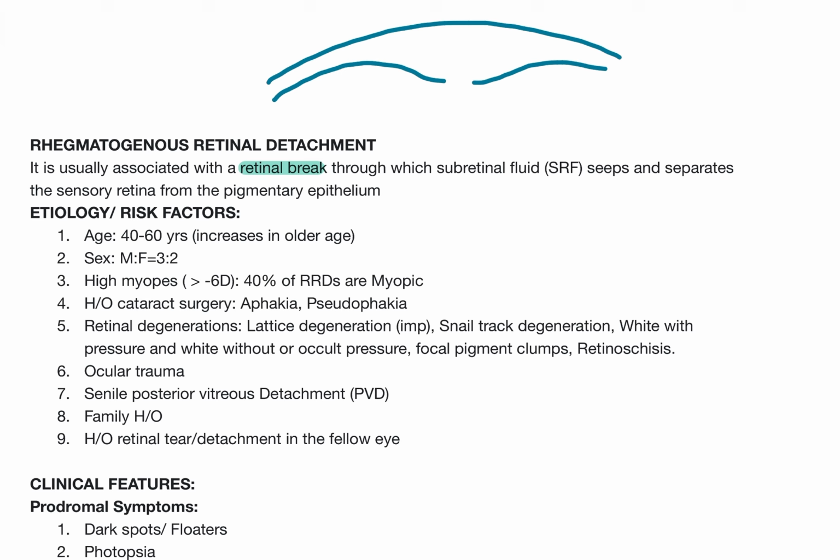And through this retinal break, what happens? Your subretinal fluid will seep through. So this is your neurosensory retina, this is your retinal pigment epithelium, and this is your subretinal fluid seeping through. That will lead to detachment. So this is your rhegmatogenous retinal detachment.